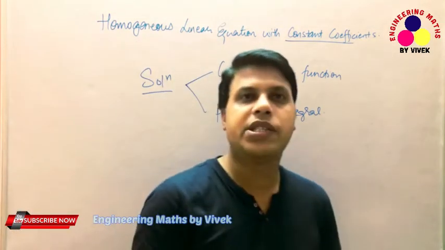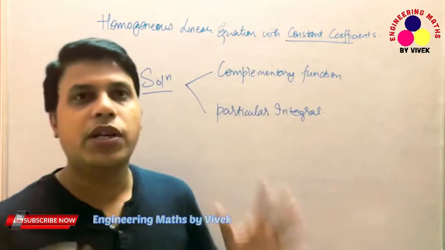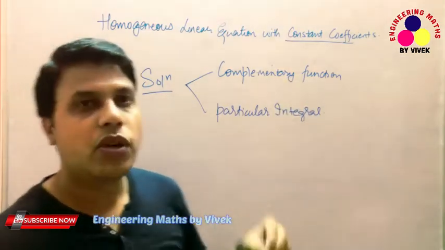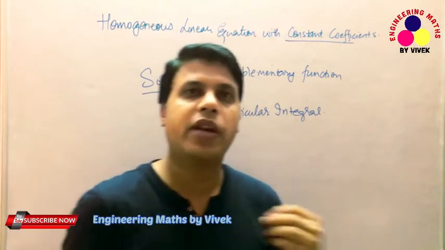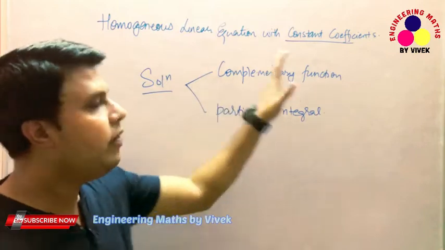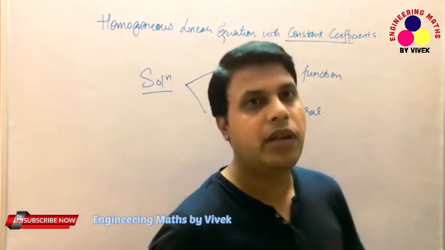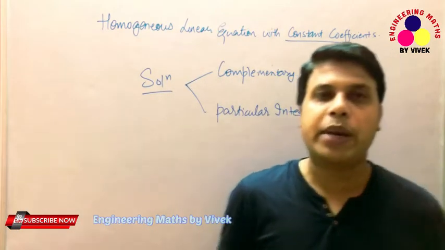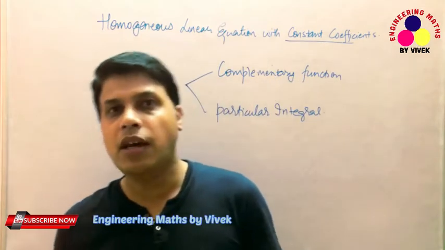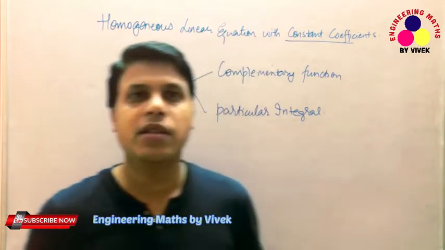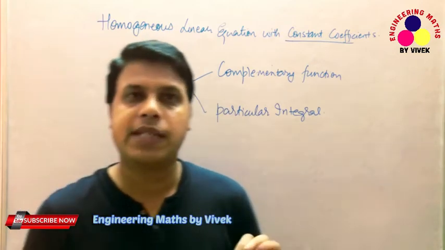In the ordinary differential equation also, the complete solution is given by the summation of the complementary function and the particular integral. In the same manner, while solving the homogeneous linear equation, we will have to find the complementary function individually and then find the particular integral of the equation to get the complete solution. Hope it is clear to you.